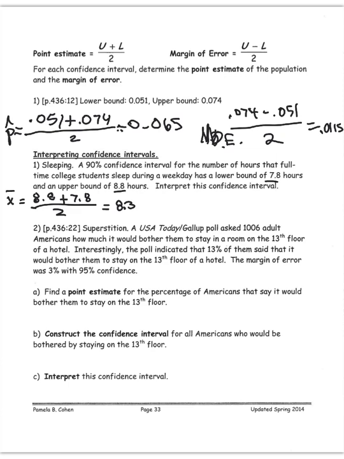And then I want to find the margin of error, and that's going to be 8.8 minus 7.8 divided by 2, which gives me a margin of error of 0.5. So half an hour.